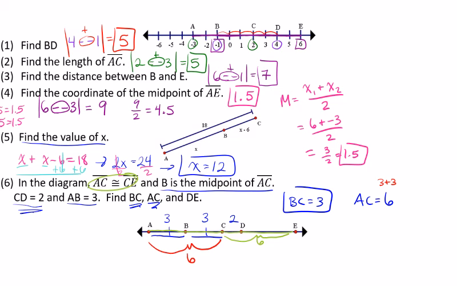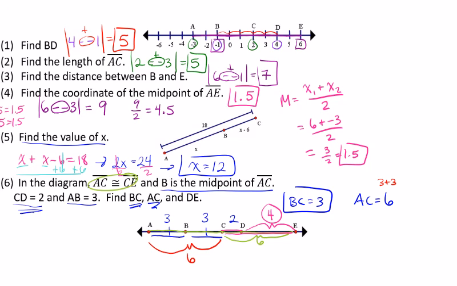So if I'm looking for DE, this distance, how do you think we can find that? If I know this whole thing is 6, and I know this part is 2, what does this part have to be? And you're right, we subtract. The answer is 4. That's just using the segment addition postulate.